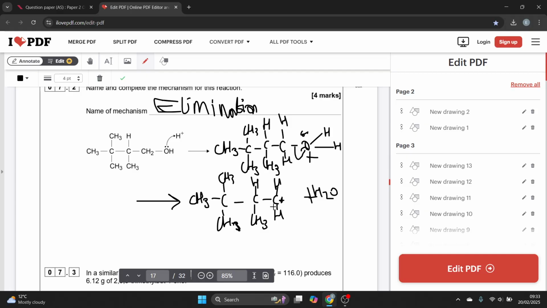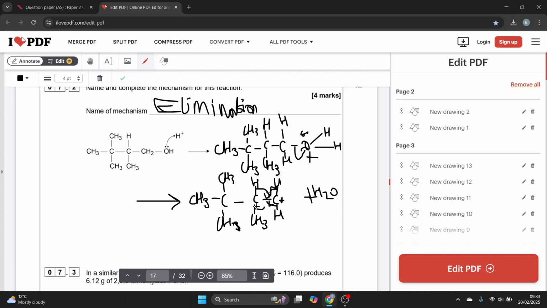So how do you do it? It's going to happen either way, but like that. Actually, no. So that first part happens, and you've got your CH2 positive, but you can't form it like this or that, because that carbon is bonded to a methyl group. It's going to have to happen like that.